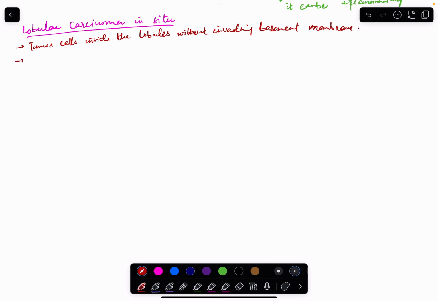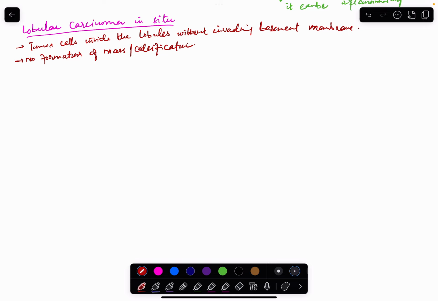These tumor cells are limited inside the lobules. They are not going to form any mass or calcifications.